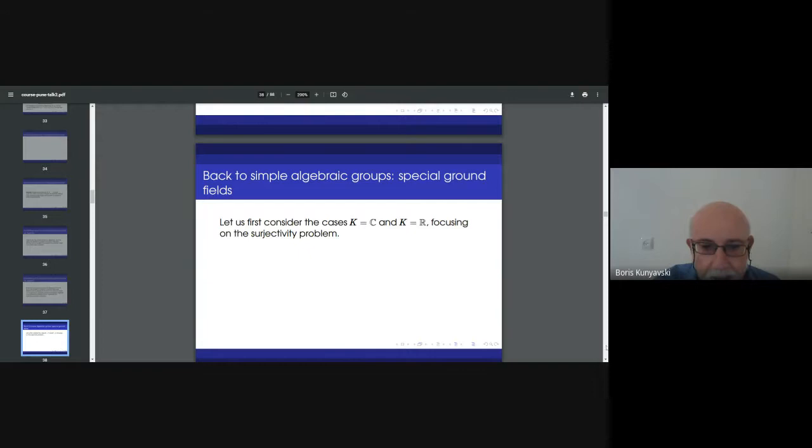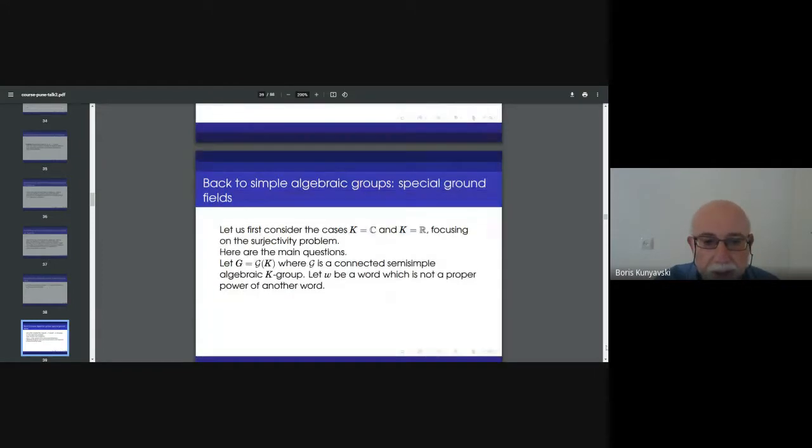So what are the main questions here? I repeat that we start with a connected semisimple algebraic group over K. By G we denote the group of points. When our field is not algebraically closed, we have to be careful, so we have to distinguish between the group of points and the group scheme.